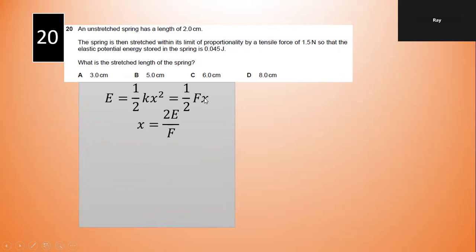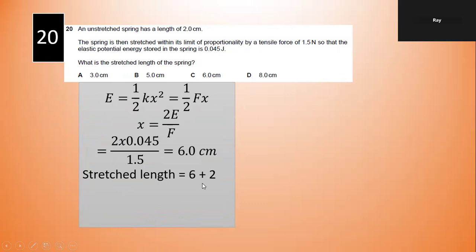If you use this formula, X is 2E over F. E is given as 0.45, F is 1.5, so it's 6.0 cm. So the stretched length will be 6 plus 2, the original length. Extension was 6, plus the unstretched length of 2. Happy with that?